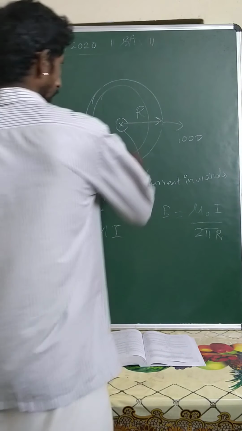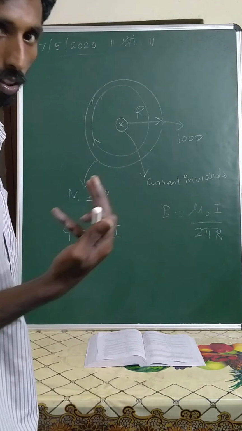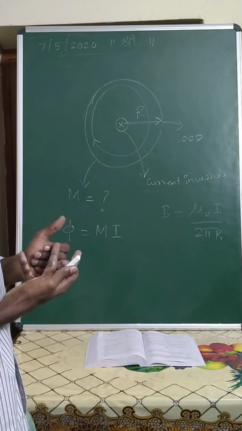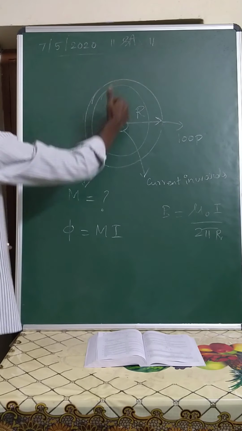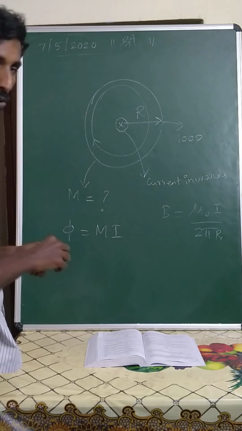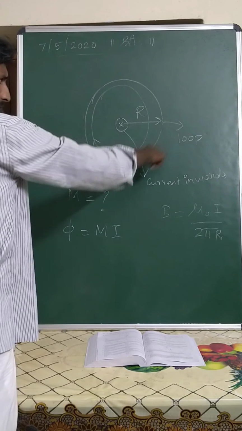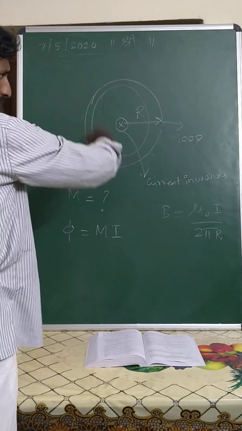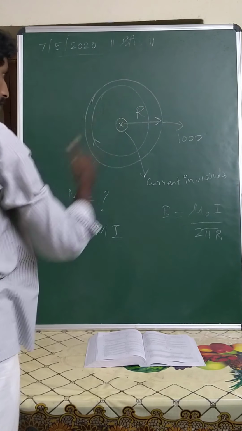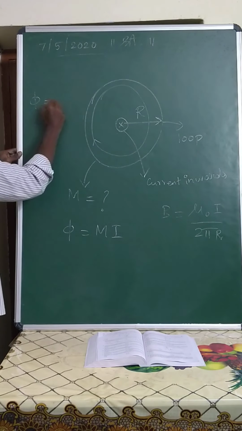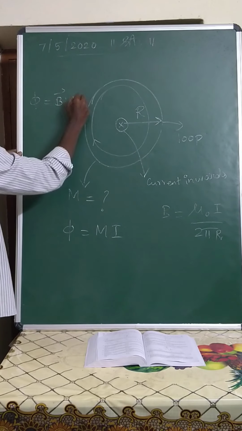Whether the area vector is inward or outward depends on the area. We can consider this is the loop, so it may be outward area or inward area. The magnetic field is in this direction, and the area vector will be inward or outward. So the flux linking with the loop will be B vector dot A vector.